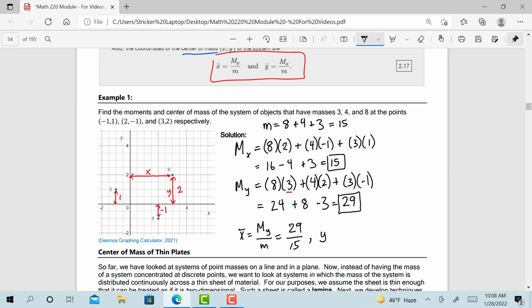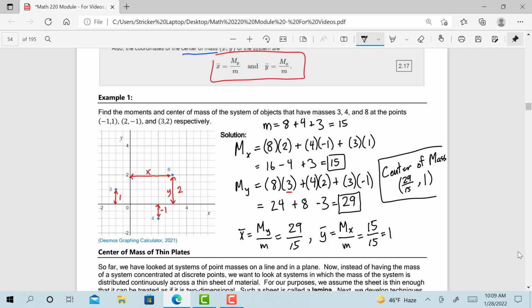And likewise, we can find y bar, which is the moment about the x-axis, divided by the total mass of the system, which is 15 over 15, which is 1. And so our center of mass is going to be x bar, 29/15, comma y bar, which is 1. Okay?